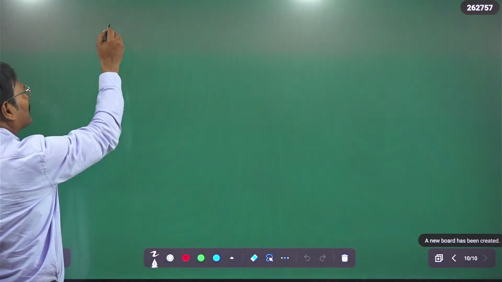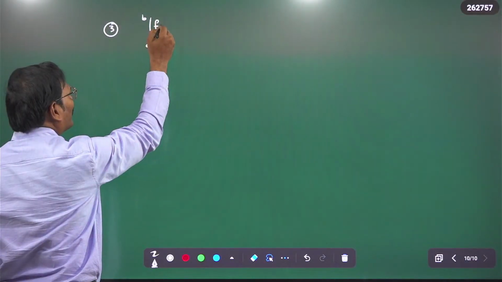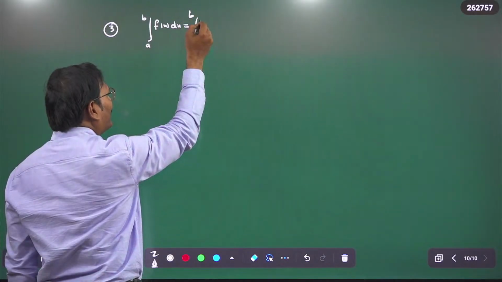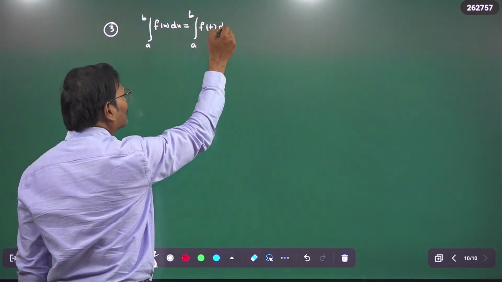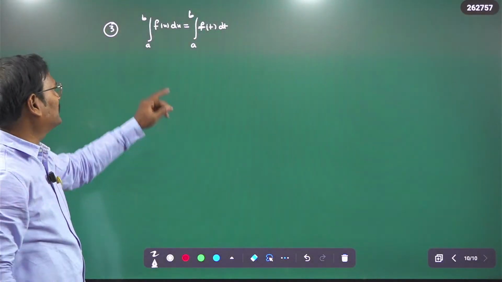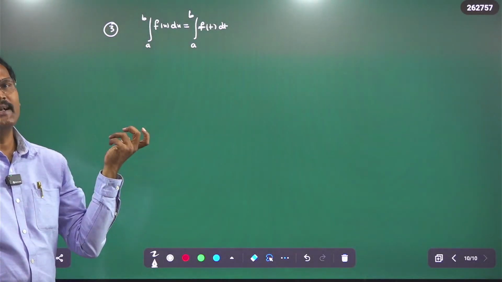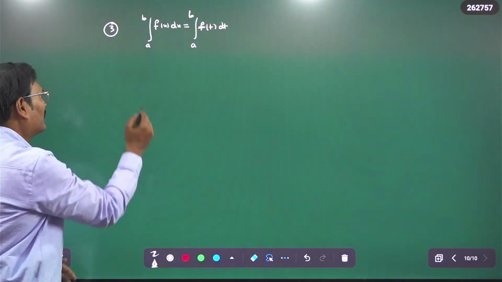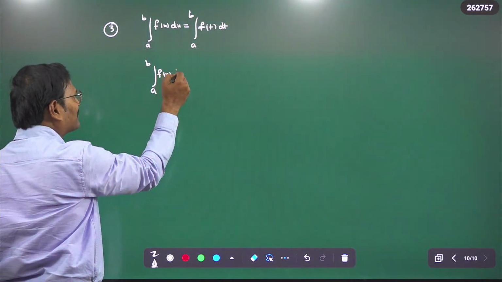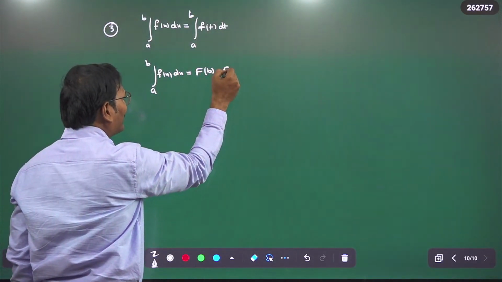And the third one: integral a to b f of x dx is equal to integral a to b f of t dt. So here what is the difference? In the first integration the variable is x, in the second integration the variable is t, but both integrations are the same. Why? Because integral a to b f of x dx, by the definition, we can write f of b minus f of a.